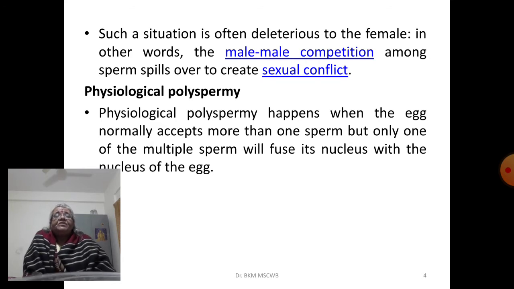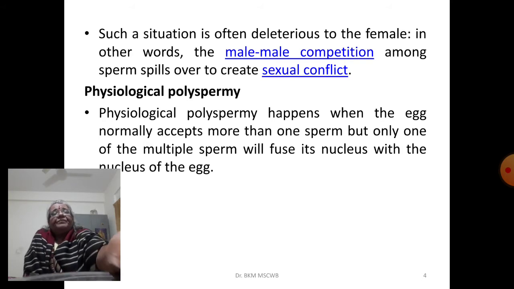But please note, only one of the multiple sperms will fuse its nucleus with the nucleus of the egg. Though many sperms manage to enter the egg, all sperms will not contribute their male pronucleus to fertilize the egg. Out of that many sperms which make an entry, ultimately only one sperm will fuse its nucleus with the nucleus of the egg.